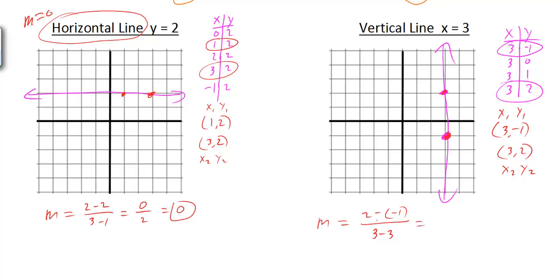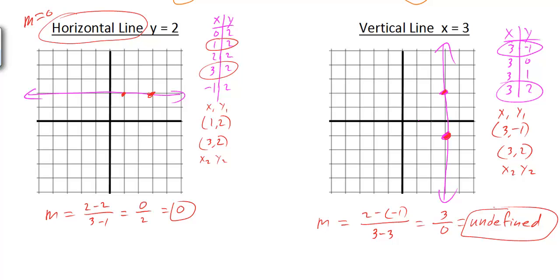So 2 minus the -1 becomes 2 plus 1, so that's 3 over 0. And what is 3 over 0? And I'm hoping you do not say 0. Hopefully you remember that we cannot divide by 0, so this is considered to be undefined. So your slope is undefined.